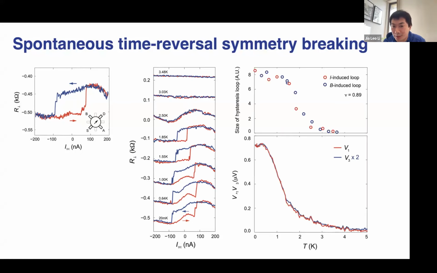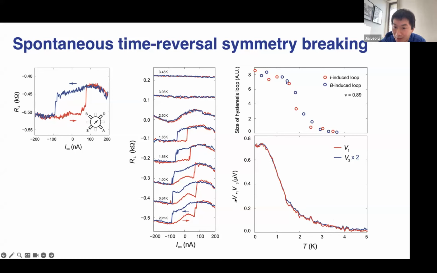So we compare the temperature dependence of the size of the hysteresis loop. This tells us that valley polarization starts to onset at about 2 to 3 Kelvin. Compare that with the angular dependence.